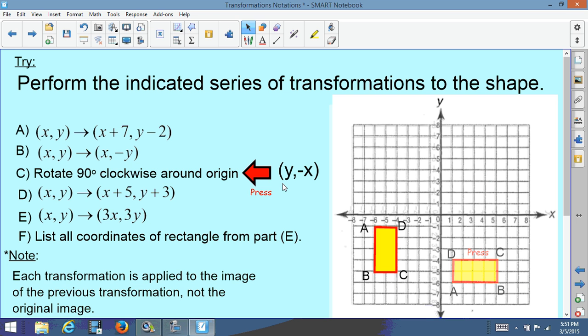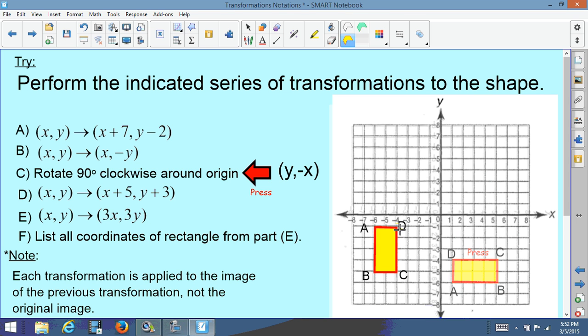Remember the rule, change places with y and x, and then negate the second one, the x. So now we're going to take our x and y and add 5 to x and add 3 to y. So if I take point D, let me get my tool, take point D, and I add 5 to the x coordinate.